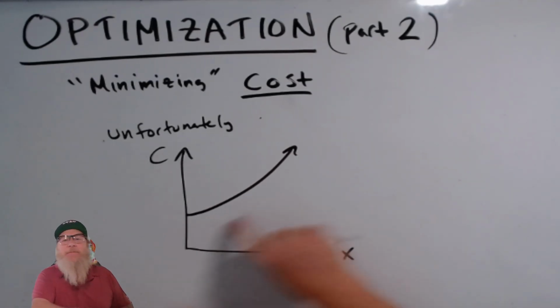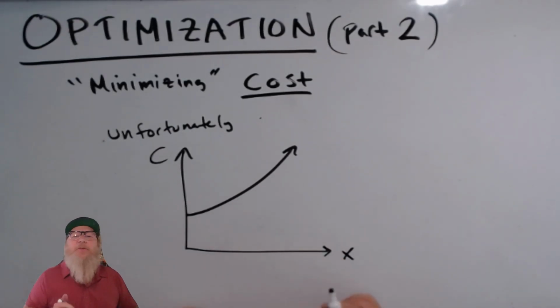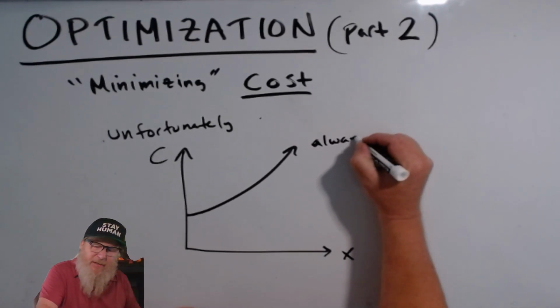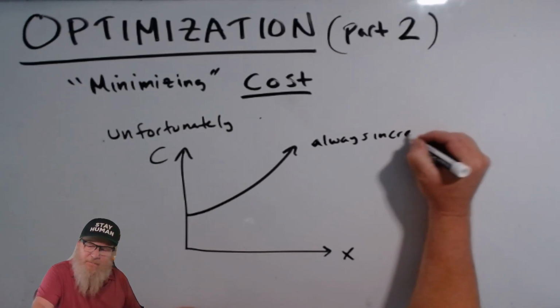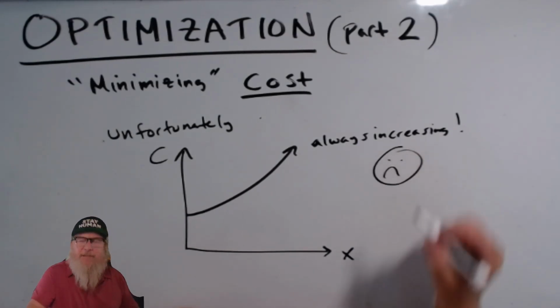Sometimes it's a straight line, sometimes it's a curve. There's lots of different models for cost, but generally speaking, it's always increasing on its domain. And so it's kind of a bummer.